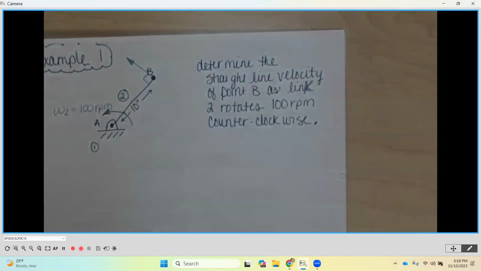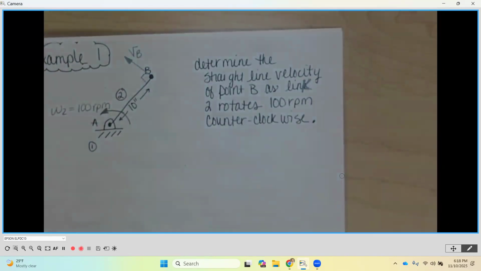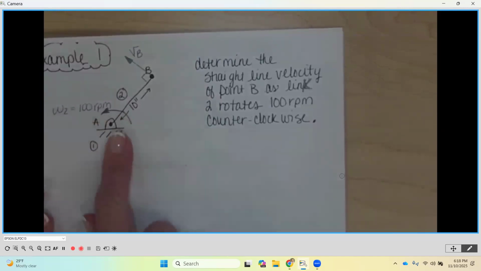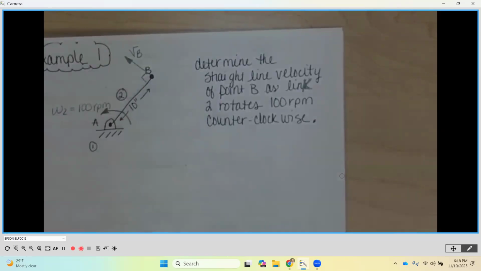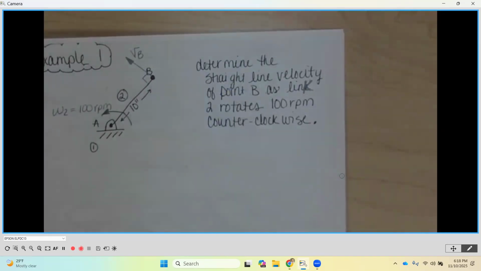So I have it going up and to the left, and this is going to be velocity B. Think of it as if this is rotating, rotating, rotating around, and I suddenly stop, point B is going to continue its motion in a straight line. In this case, if we stop right at that instant, up and to the left, okay? Because it's going in the direction of rotation, perpendicular to the radius of rotation, okay?